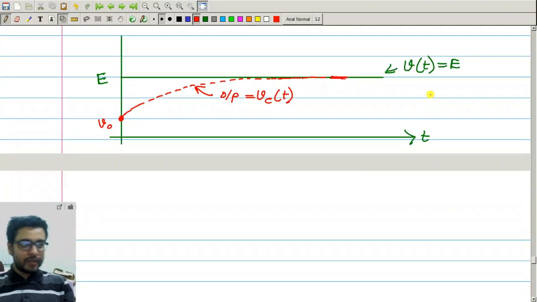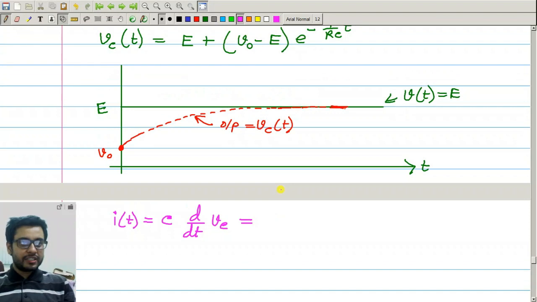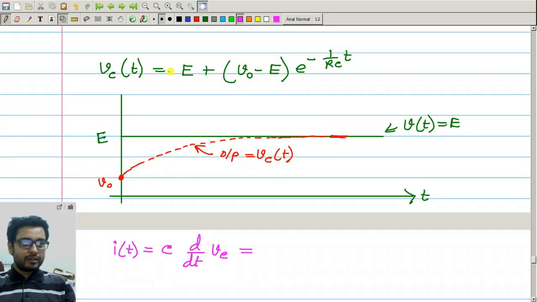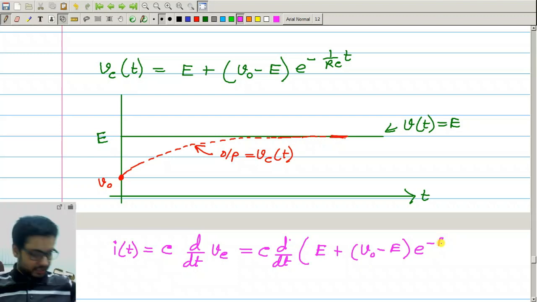So I(t) is equal to C d/dt of Vc, and Vc is given here: C d/dt of E plus (V0 minus E) e to the power minus t by RC.